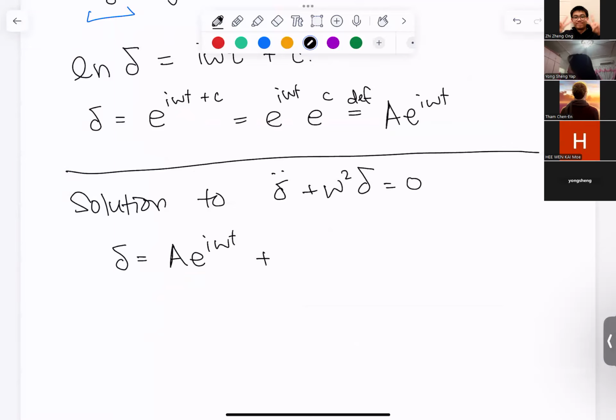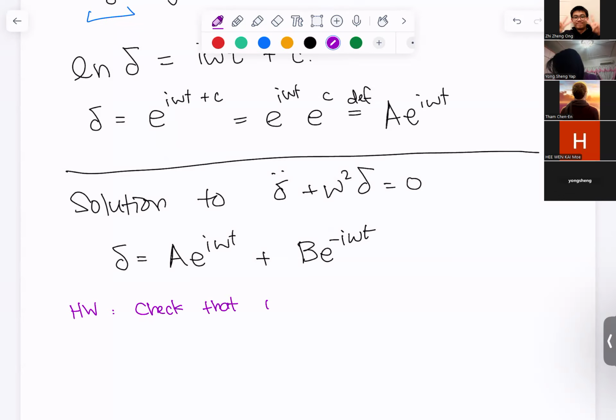Okay, this is one solution, and the other possible solution is with negative i omega t. The reason that we can add these things together is because if one thing solves the equation of motion, the second one solves it. So this can be a homework. Check that if a e to the i omega t, so this can be a homework that you can do.